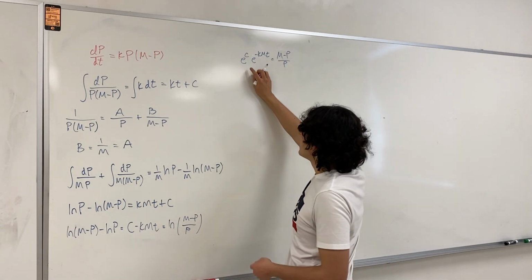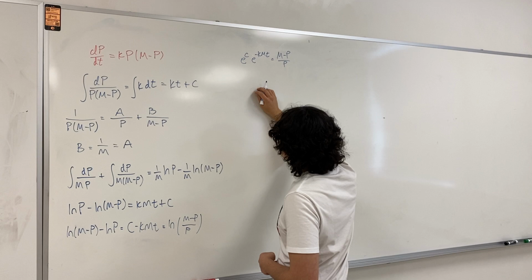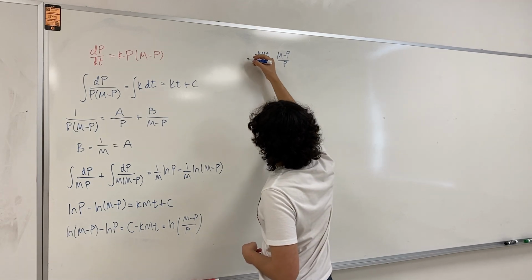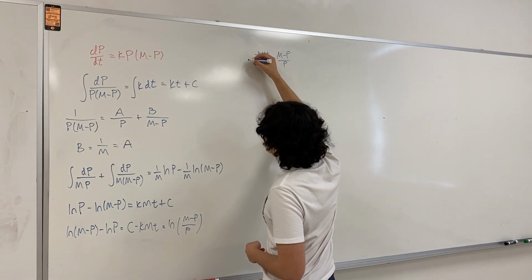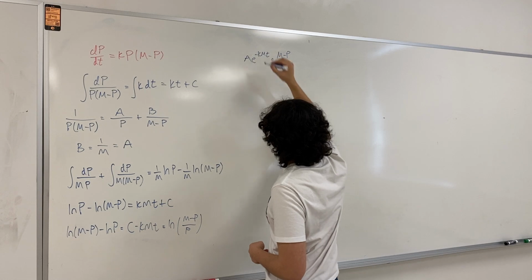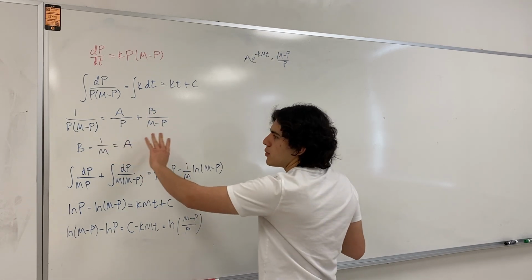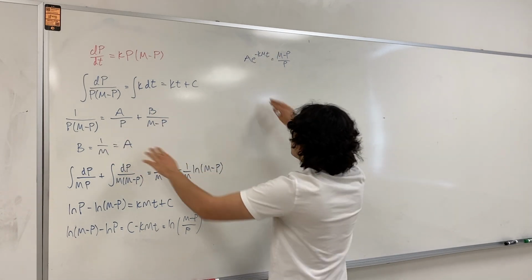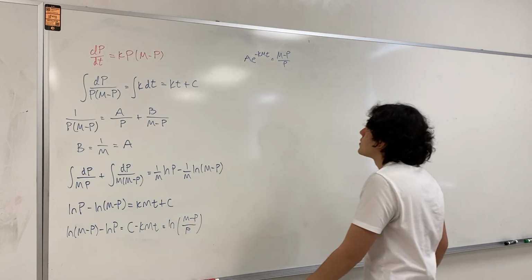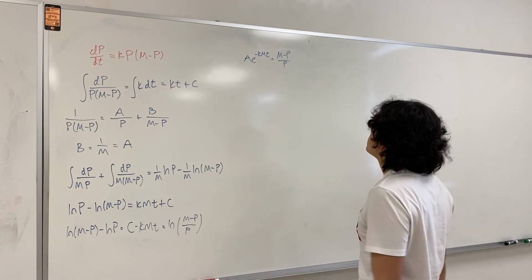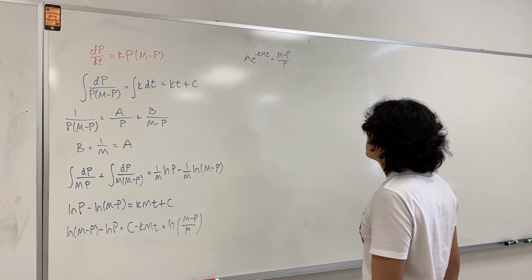Now I'm going to say that e to the c is just some constant. So I'm going to erase this and call it, let's use the letter a. This is another a, don't think about the a from before. It's just another constant. Now, the only thing we have to do is solve for p.